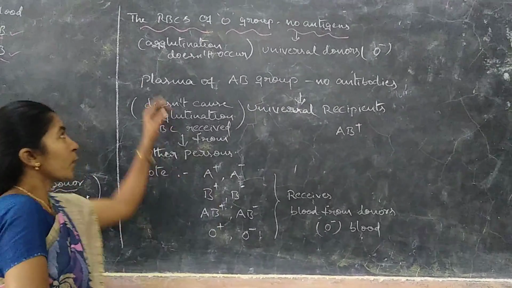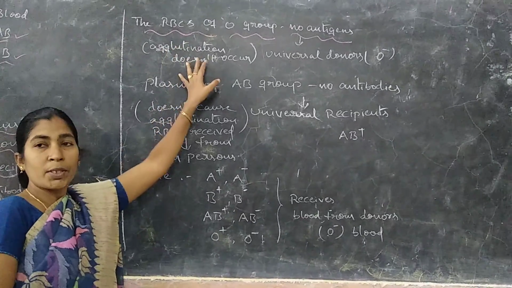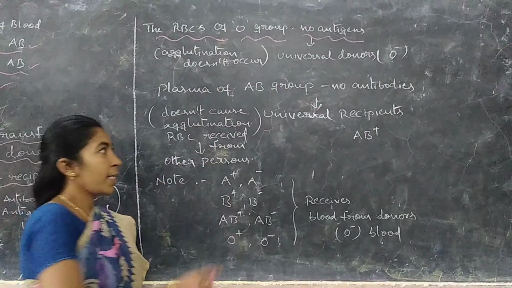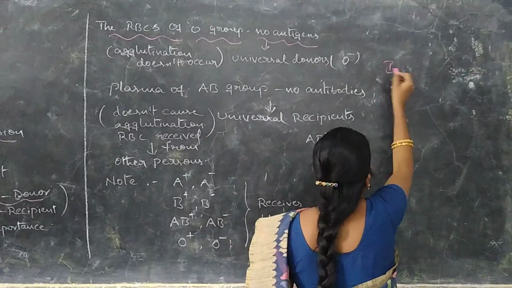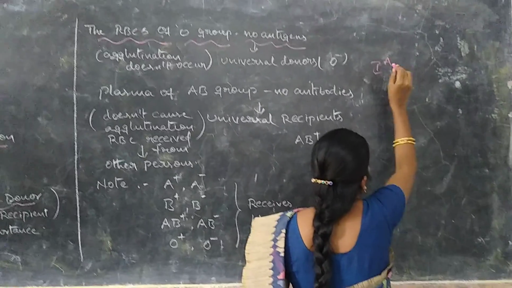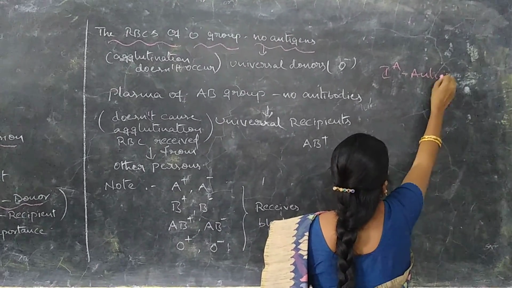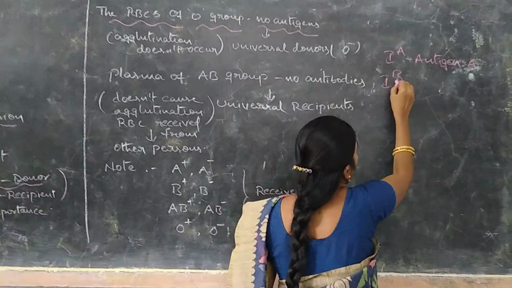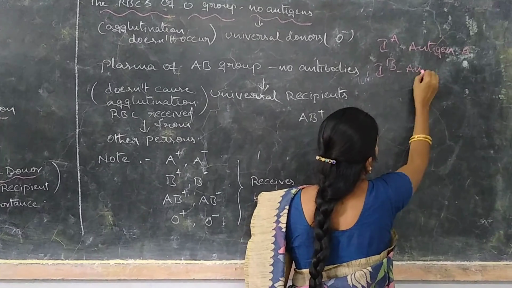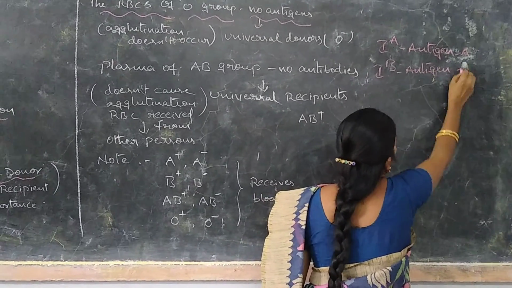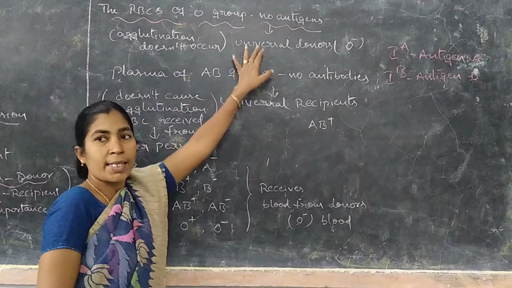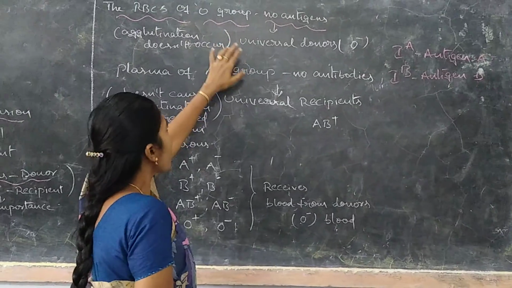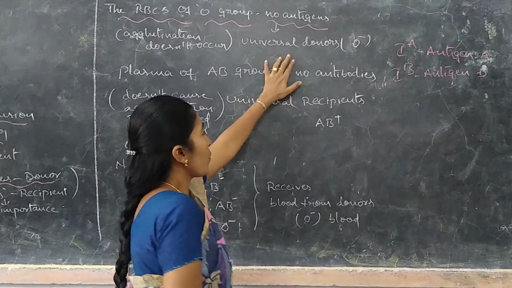We already know that in A blood group the IA allele is present. The IA allele is responsible for the production of antigen A, and the IB allele is responsible for the production of antigen B. So that's why in O blood group there are no antigens, and it is considered the universal donor.